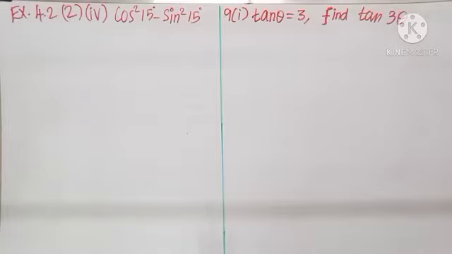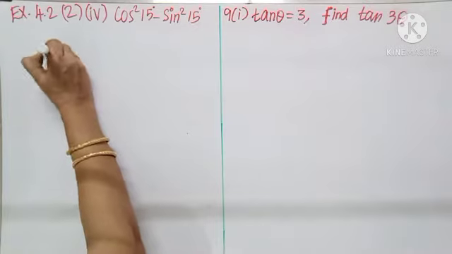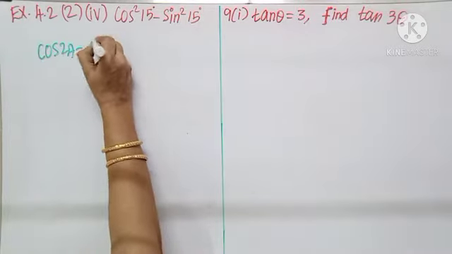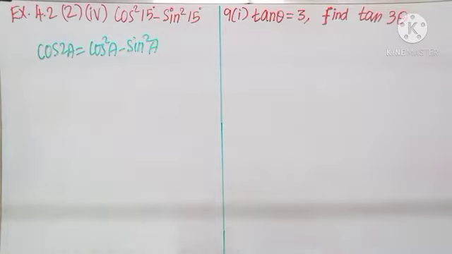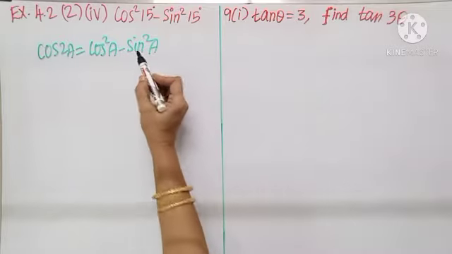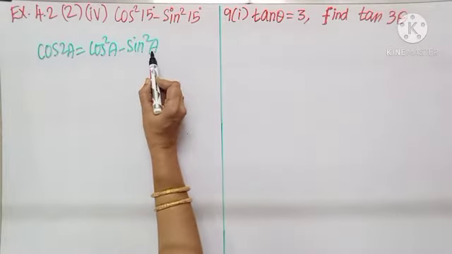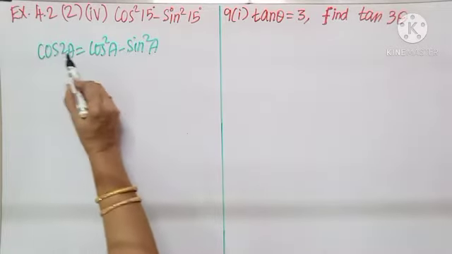Exercise 4.2, question number 2. We are proceeding to problems based on 3A formula. Given cos square 15 minus sin square 15. Where have you come across this formula? We know cos 2A equals cos square A minus sin square A. So whenever I come across cos square minus sin square, if the angle is the same, it is related to cos 2A.